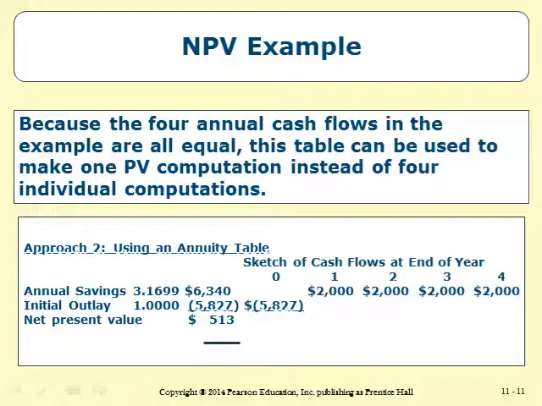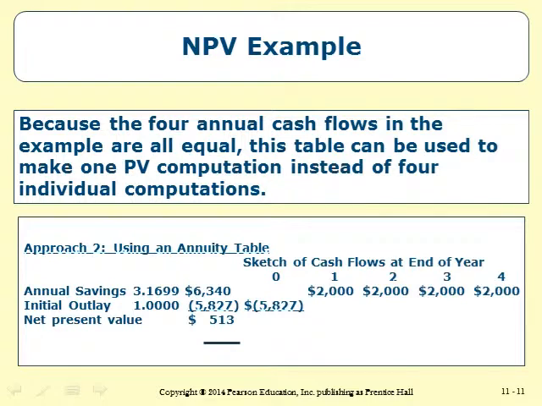Table B2 is an annuity table that provides discount factors for computing the present value of a series of equal cash flows at equal intervals. Because the 4 annual cash flows in our example are all equal, you can use Table B2 to make one present value computation instead of Table B1 to make 4 individual computations. Table B2 merely sums up the pertinent present value factors of Table B1.